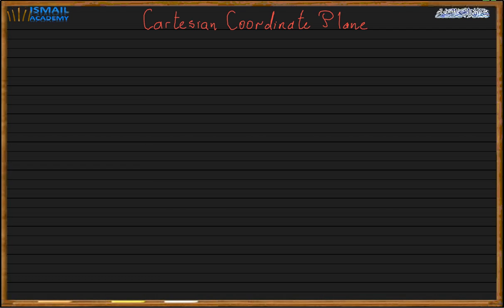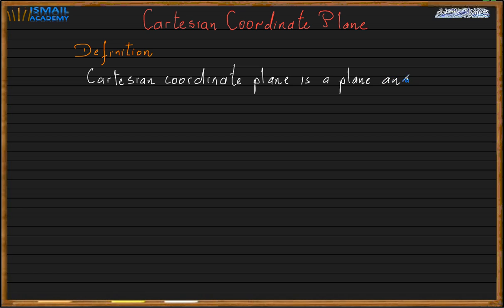So let's define this. The definition of the Cartesian coordinate plane: it is, like I say, a plane with two perpendicular number lines that intersect at 0.